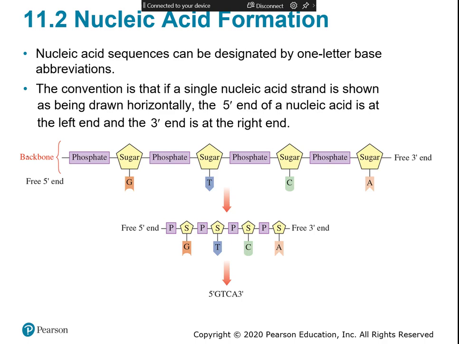So this is written out a little more, but we can abbreviate it this way, where you just put a P and an S for sugar and phosphate. We can actually abbreviate it even more. If you see it written like down at the bottom, that's just showing the bases. But remember, it doesn't mean that the bases are connected.